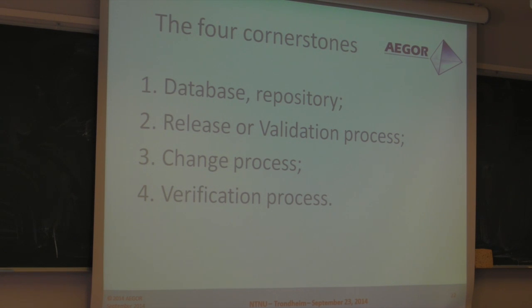And the other one, a very important one, sometimes not even existing, is the verification process to assure that the object we are realizing conforms to its requirements. It has to be there. Either you do it statistically or you control everything, that's not the story, but you have to do it.